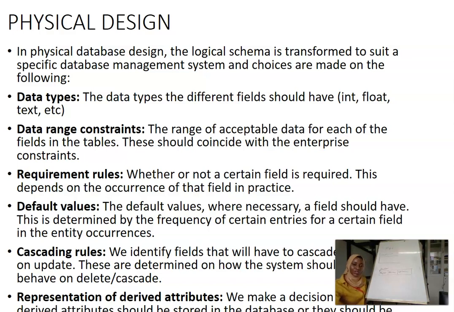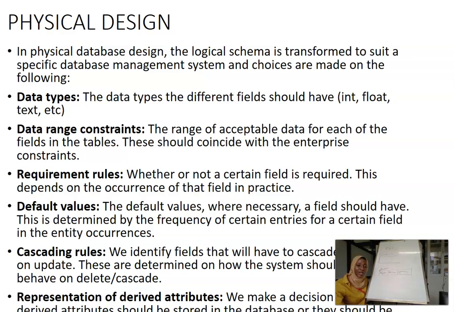But to do that, you need to choose the data types that you're going to use. Are you going to use integers, float, char, varchar, text, etc.? The data range constraints, that is in terms of domains. Then the requirement rules, okay? Whether or not a certain field is required.